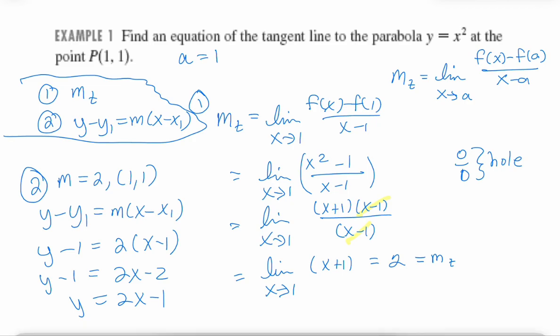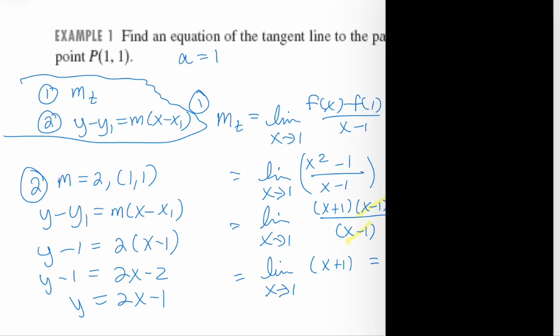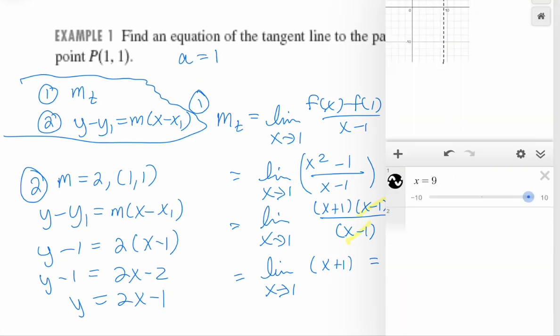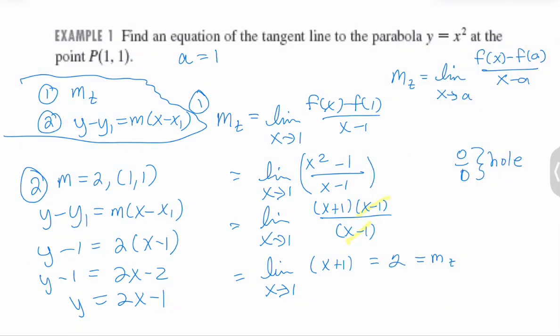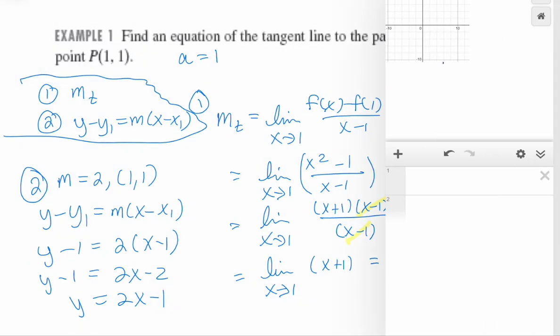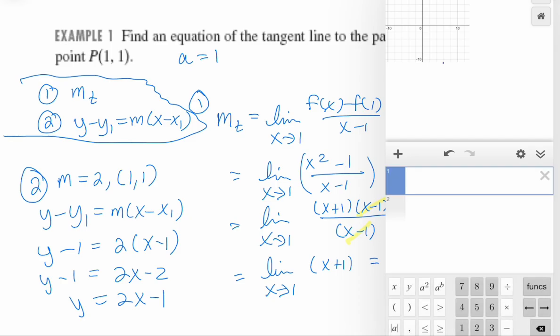So how can we check your work? Well, I want you to use Desmos, okay? Sorry, my window's weird. But anyway, so if we type in the parabola, I'm sorry, it's so tiny.